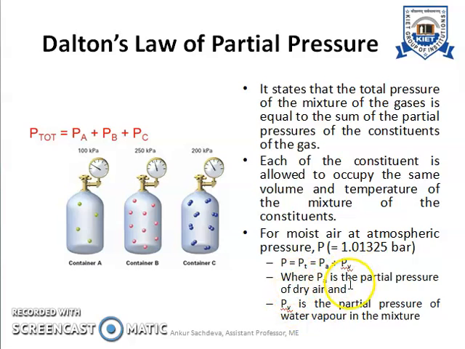So as you can see, the total pressure is equal to the partial pressure of dry air plus the partial pressure of water vapor. This relation will help us in the calculation of a number of properties.